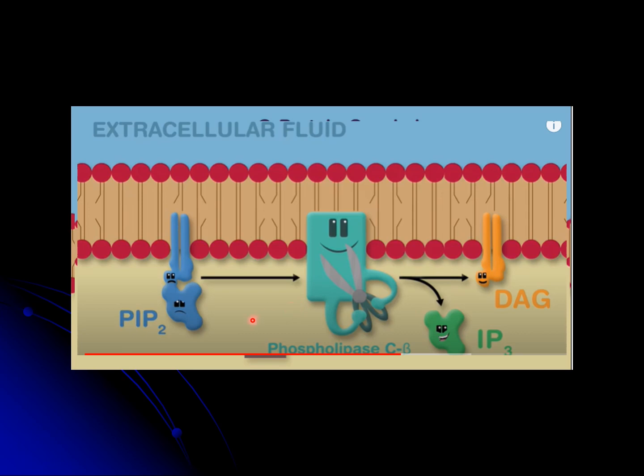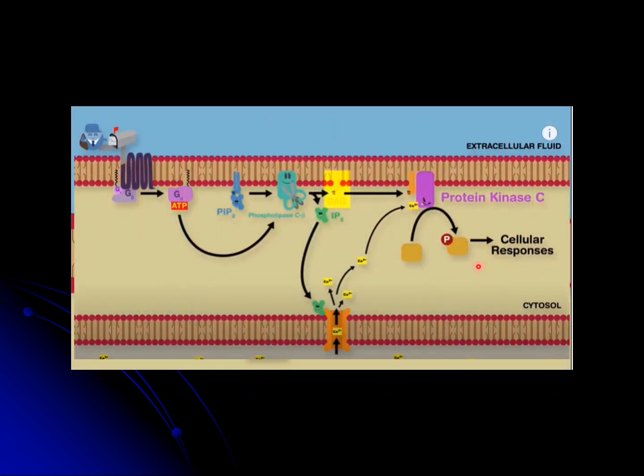So this is another example of the GQ coupled receptors, in which there is activation of PIP2 leading to IP3 DAG release. This is a much more elaborated view. As you can see, there is the G protein coupled receptor, a serpentine receptor, and there is activation of phospholipase C, which cleaves into IP3 and DAG.